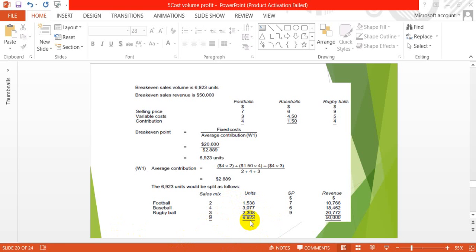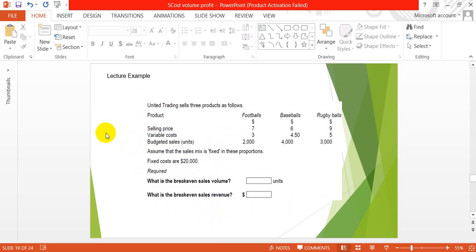So our total sales mix, we had 2,000 footballs, 4,000 baseballs, 3,000 rugby balls. Which are these ones here.